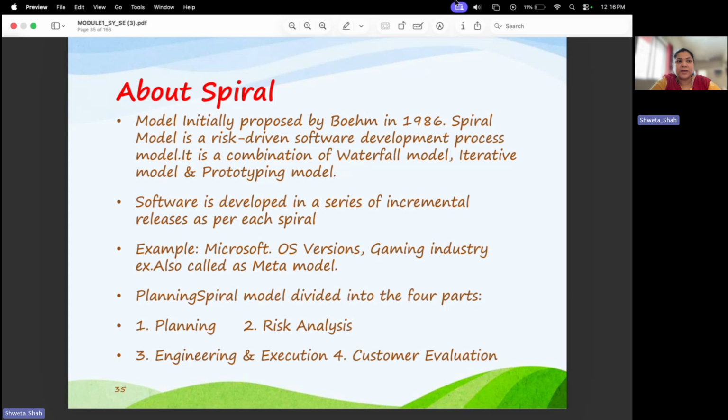The spiral model was initially proposed by Boehm in 1986. It is a risk-driven software development process model and a combination of the waterfall, iterative, and prototyping models. Software is developed in a series of incremental releases as per the spiral. As per the requirement of the stakeholder or customer, the model is modified and enhanced. Examples are Microsoft OS versions, the gaming industry, and also Meta.